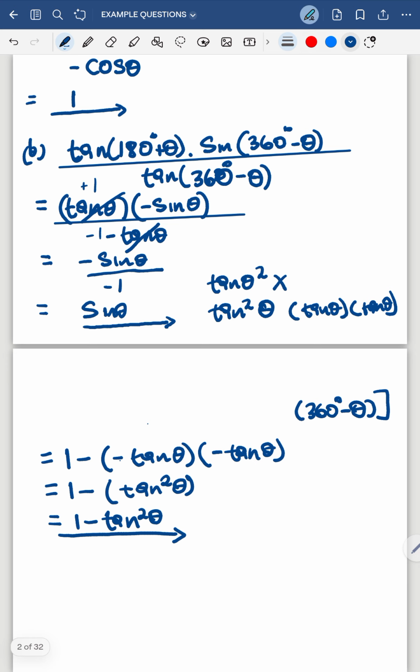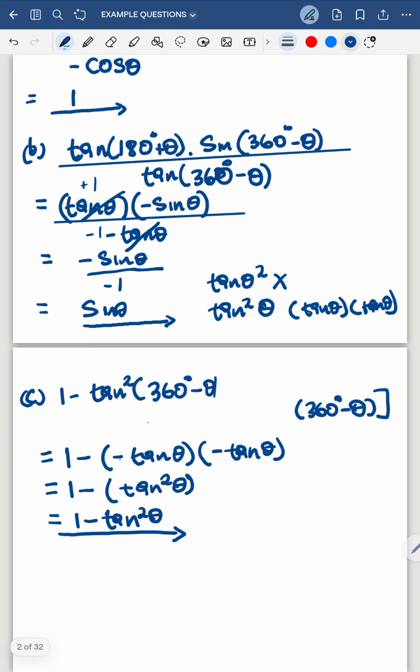Let me just write my problem again. So my problem was C, then 1 minus tangent squared, open brackets, 360 degrees, close brackets. So this was supposed to be an answer. So I said here we are expanding.